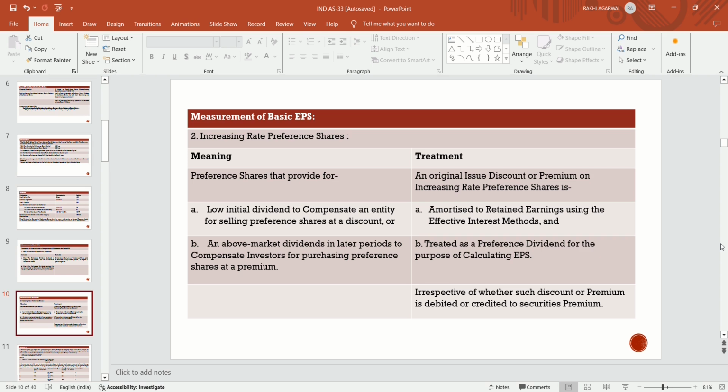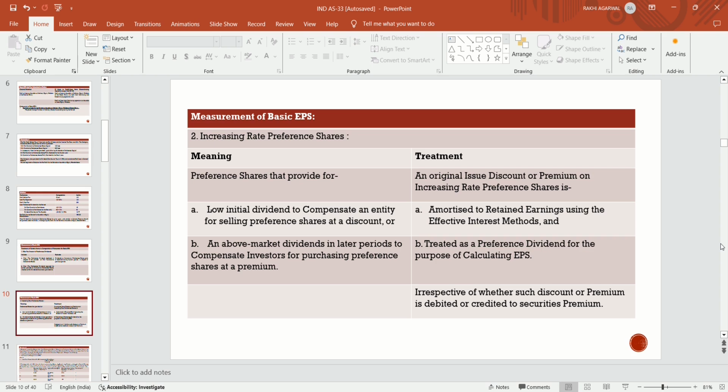So the company says that at the initial stage we won't be able to declare dividend, because we are not in the position to declare dividend at the pre-construction stage. At the initial stage, the company is growing, so at the growing stage, they won't be able to declare dividend.